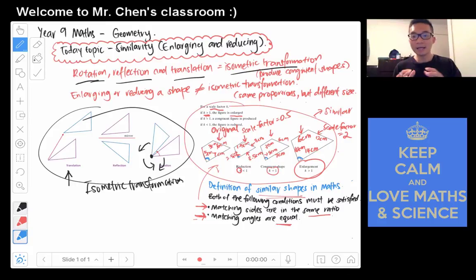They are similarity, which is enlarging or reducing. Isometric transformations only produce congruent shapes. Enlarging does not produce congruent shapes because it has been enlarged or reduced.